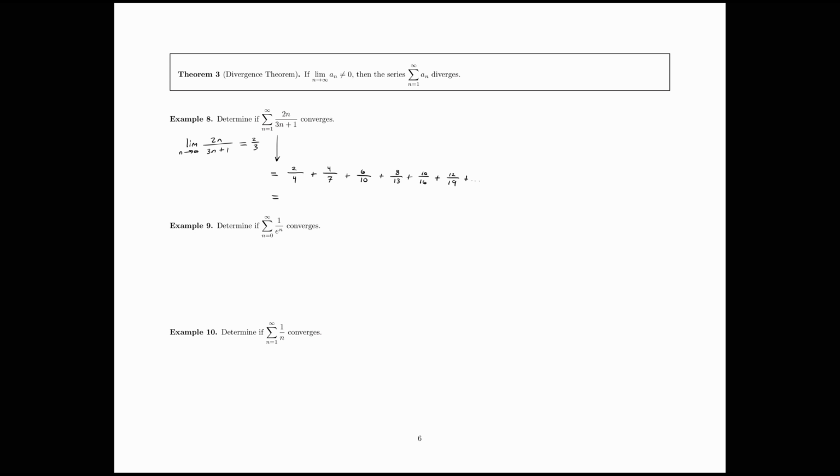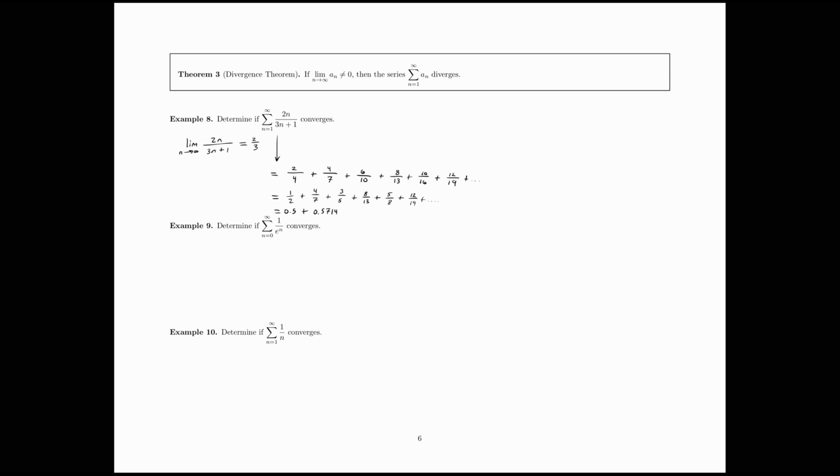Now, if you actually look at these terms, so you have a half reduces, and then we have 4/7 plus 3/5 plus 8/13 plus 5/8 plus 12/19, so on and so forth. And if you look at decimals for these, so this is 0.5, this 4/7, that's a nasty one, 0.5714.